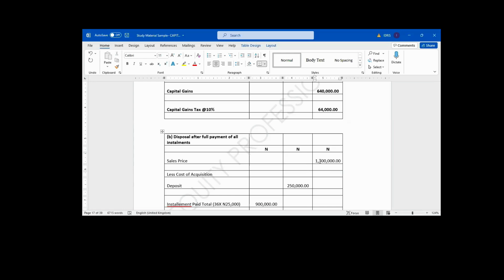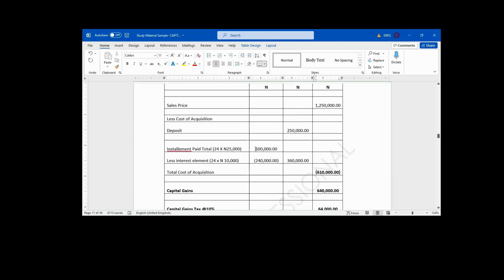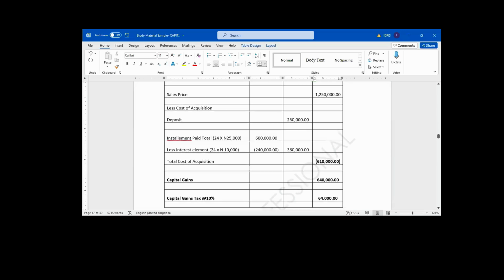We can do this in two ways. We can use the one we used before, the one we used when he paid 24 installments. We said deposit, installment paid, less interest on that installment. All you need to do is put 36 here. We can do it in that way.